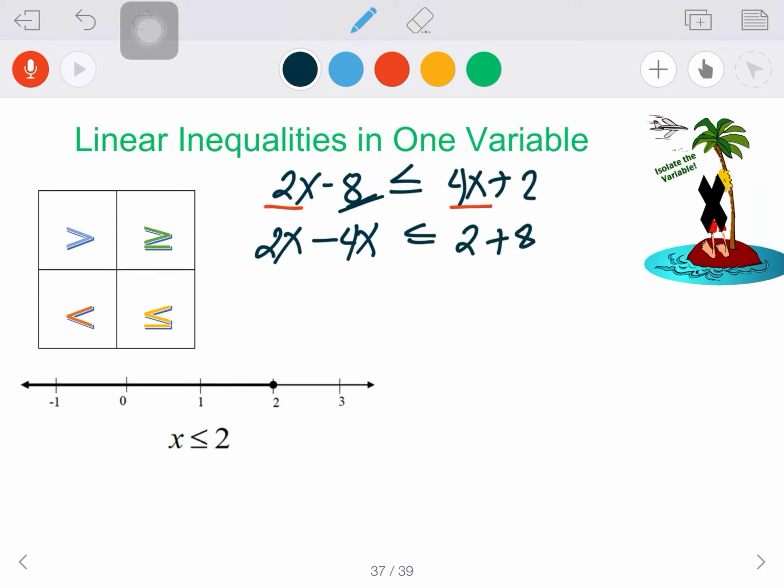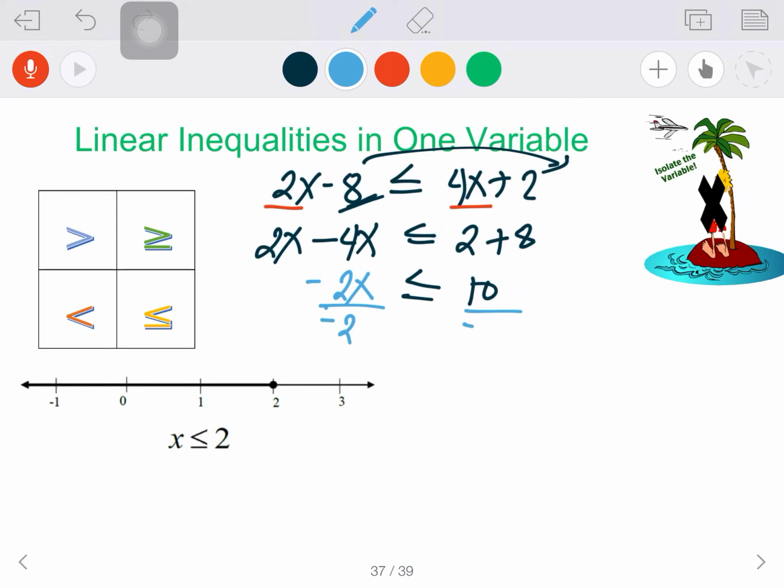Okay, 8 here coming from the left going to the right becomes positive. Now, this is something that you have to check. Negative 2x, because 2x minus 4x is negative 2x. Okay, so this will be less than or equal to 10. Now, what you have to divide on the other side would be negative 2, so that we will be left with a positive x.